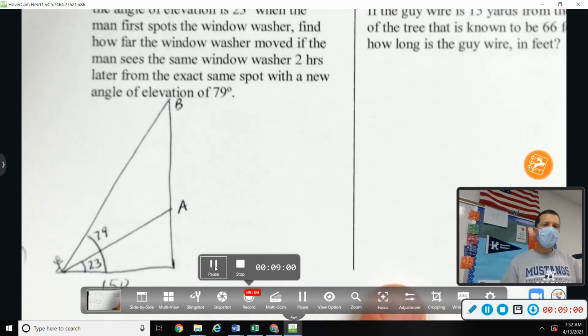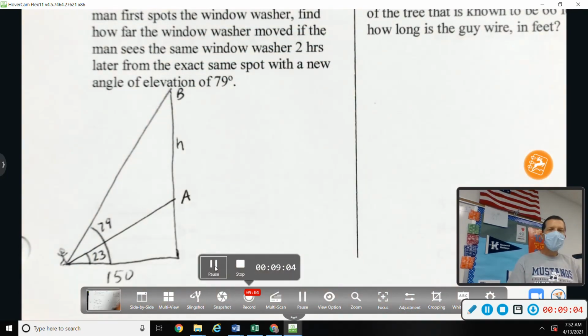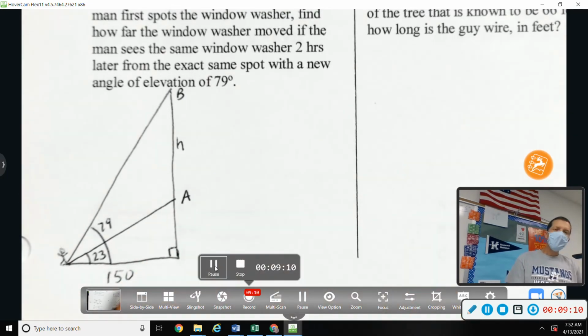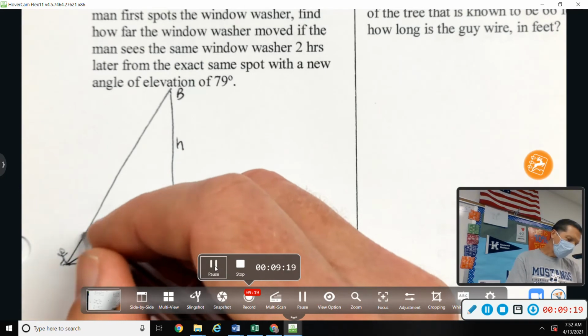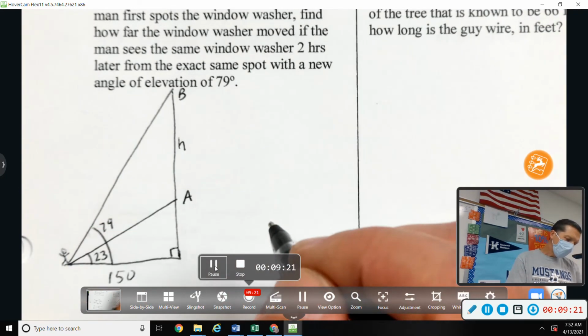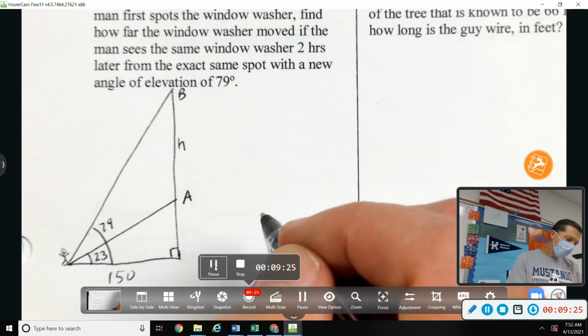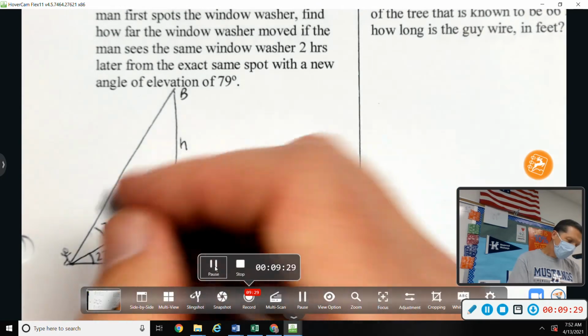So we want to know that height from A to B. So I could figure out this angle, but I don't know that helps me a whole lot. Well, let's find this angle.